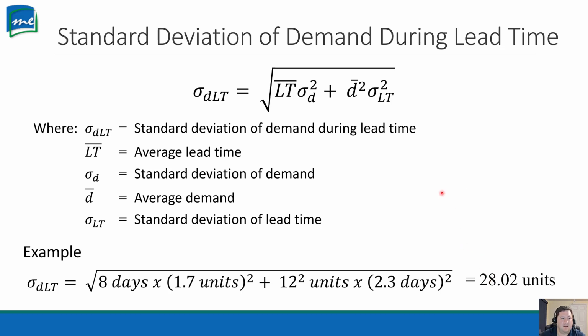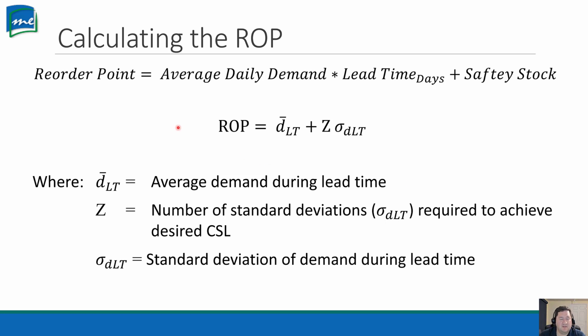All right, so our reorder point. What is all this for? We have our average daily demand, which was 12 in that other scenario, multiplied by the lead time in days, which was 8. So we'd have 12 times 8 plus our Z, which would be our standard deviations to achieve our cycle service level.